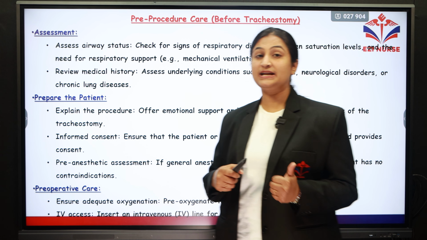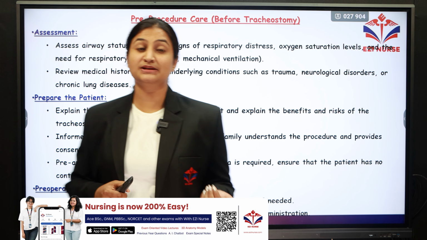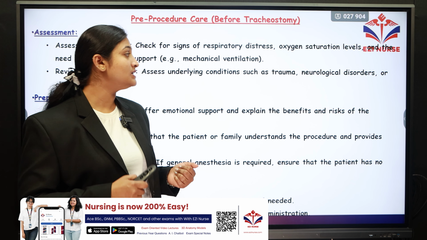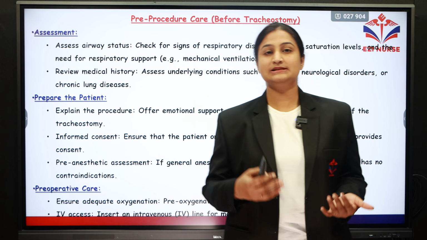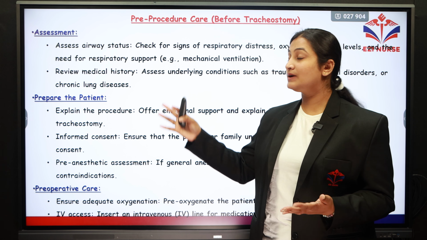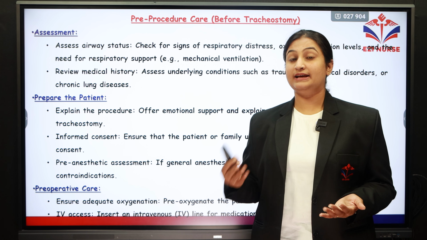Then reviewing this medical history, they might sometimes have a past medical history, they might have been through some traumas, neurological disorders also might be there. So that is why we are reviewing this medical history.